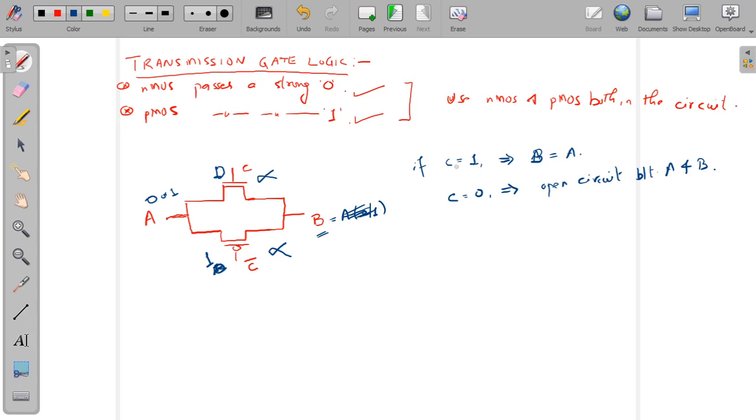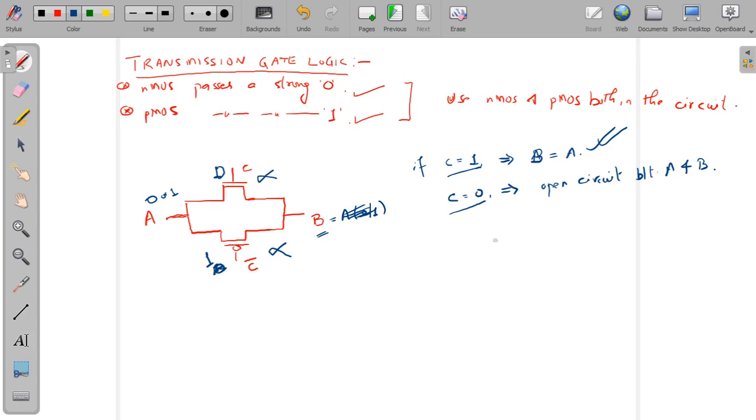So the only useful condition here, if you want to use 0 and 1 in your circuit, is this condition. Make C equal to 1. But many times we would also like to use high impedance state in our logic design. So in that case, we can use this condition also, that is when C is equal to 0.